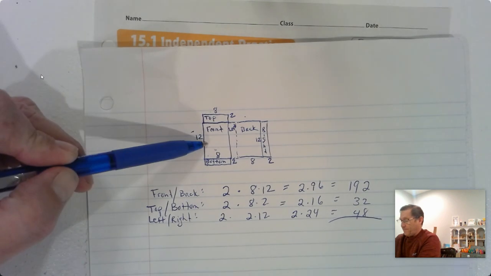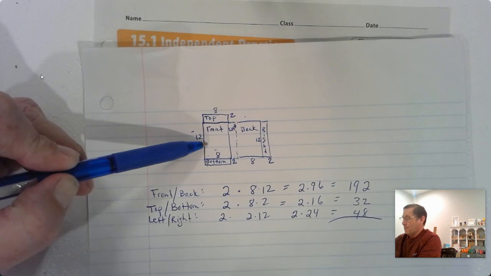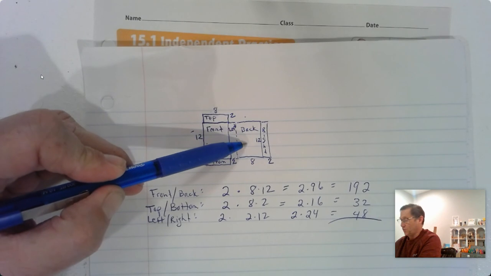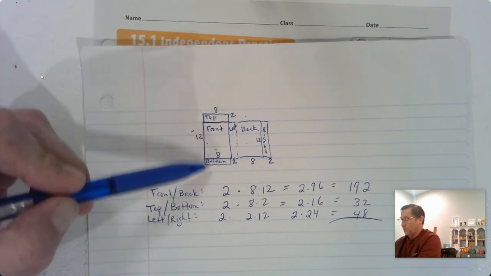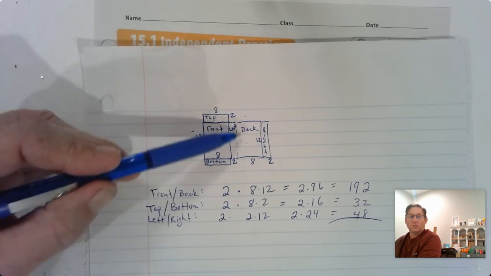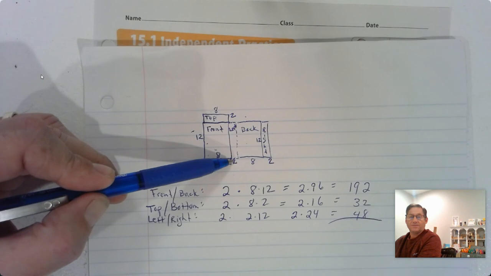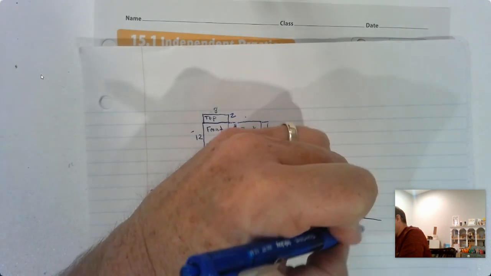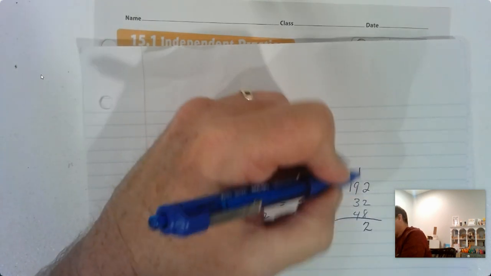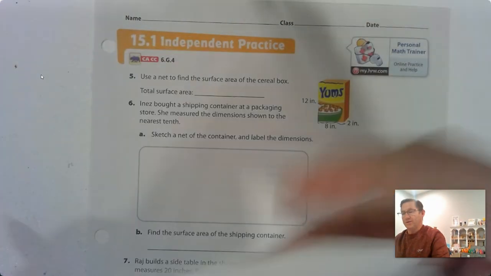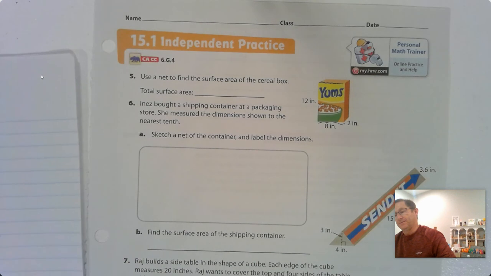So the front of the box is 96 inches squared. The back is 96 inches squared. The top is 16 inches squared. The bottom is 16 inches squared. The left-hand side is 24 square inches, and the right-hand side is 24 square inches. So add those all up to find the surface area. And we come up with 272 square inches.